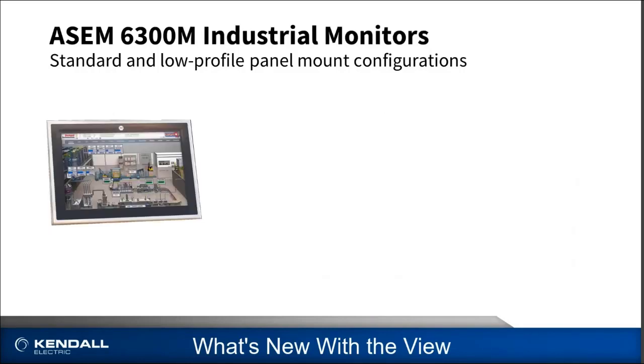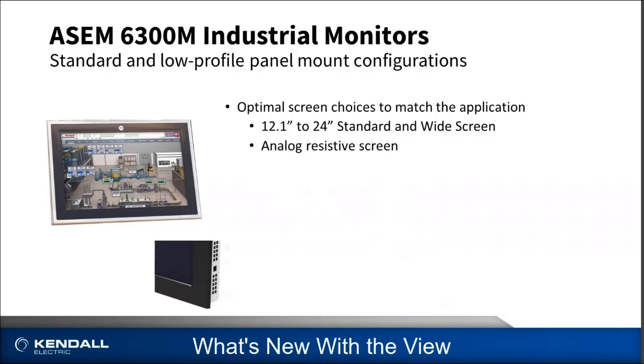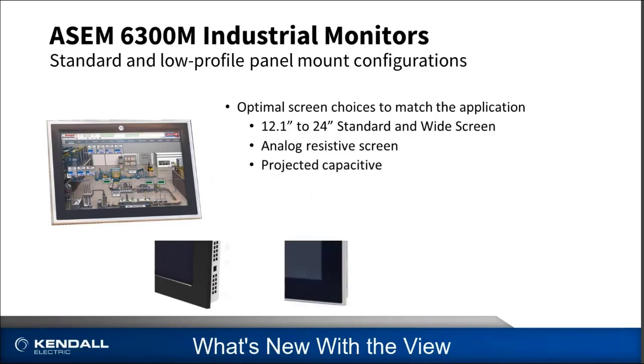Finally, we have our Awesome 6300M industrial monitors. These are very similar to the 6300P sizes, ranging from 12 to 24 inch with standard and widescreen aspect ratios. Again, these come with analog resistive touchscreens for applications requiring a non-glass surface, or that projected capacitive screen or PCAP for multi-touch operation where you might need to pan, zoom, or pinch.